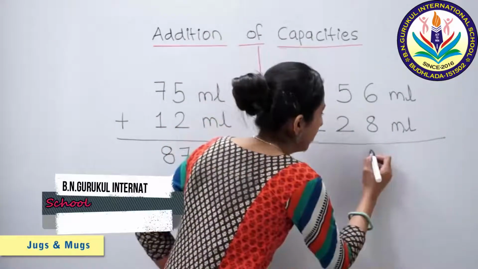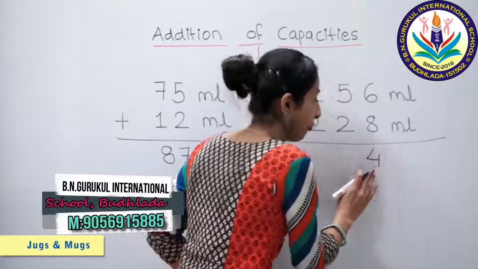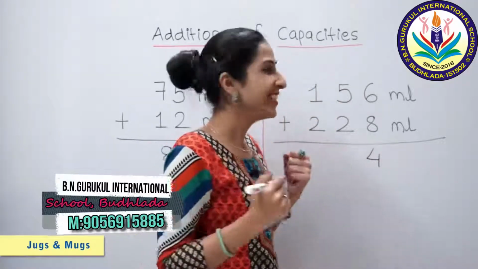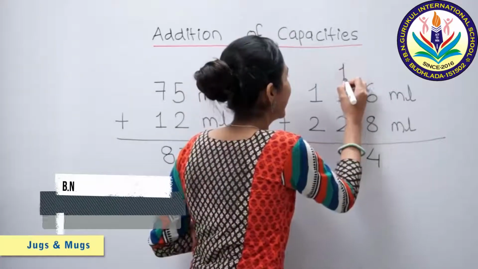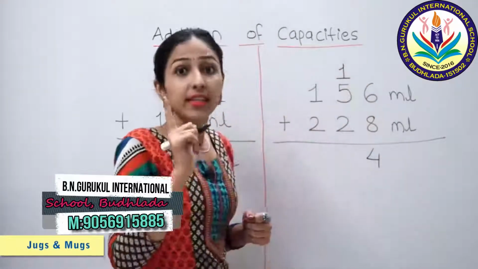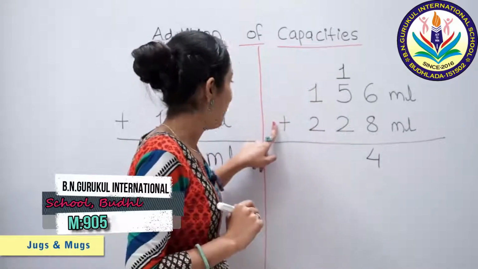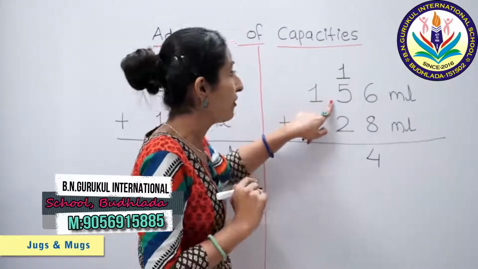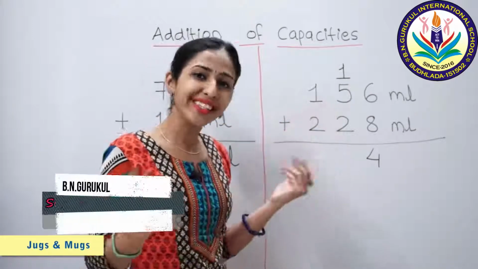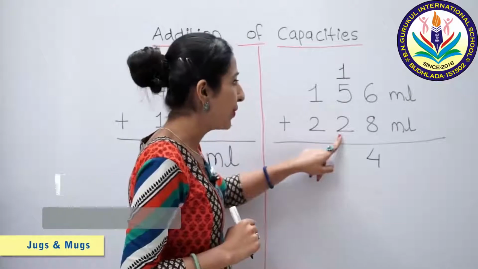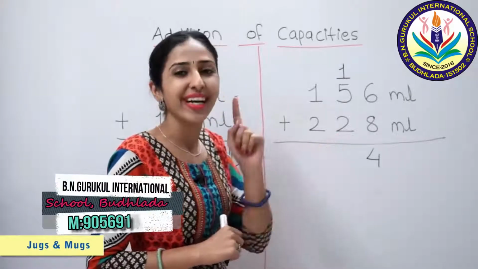So, 4 here and 1 carry forward. Now, 1 plus 5 is equal to 6 and 6 plus 2 is equal to 8.